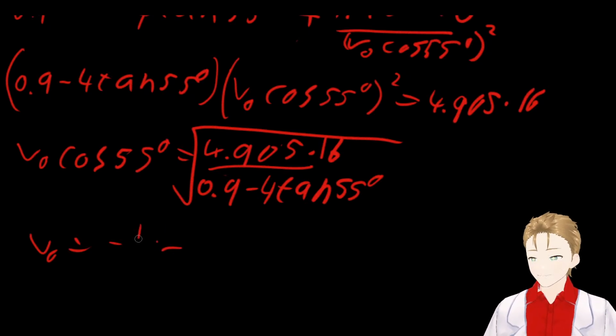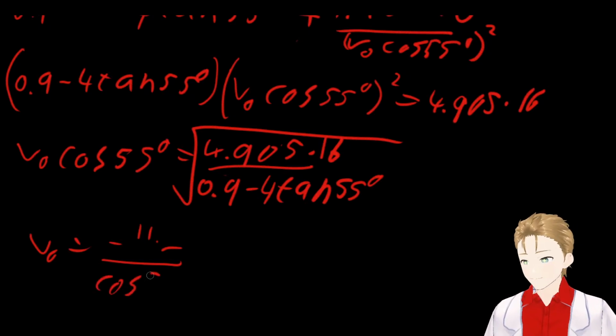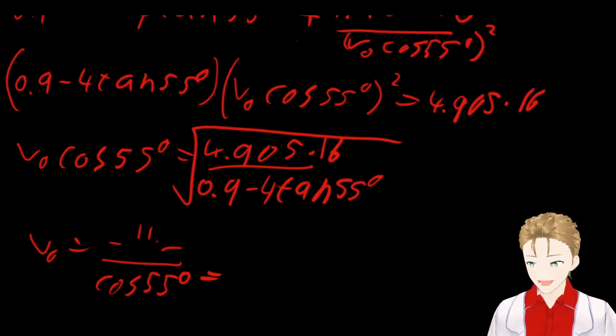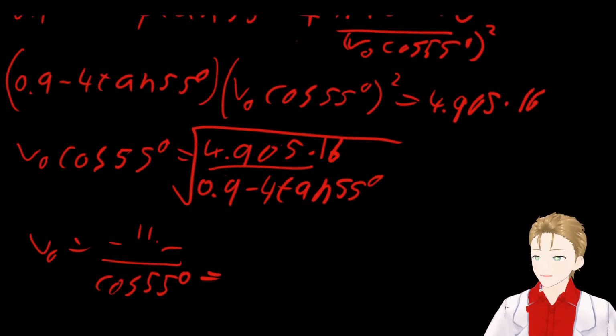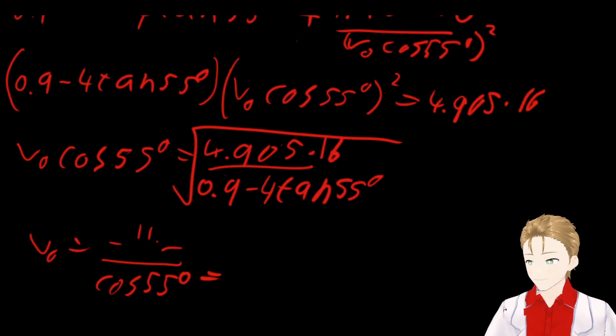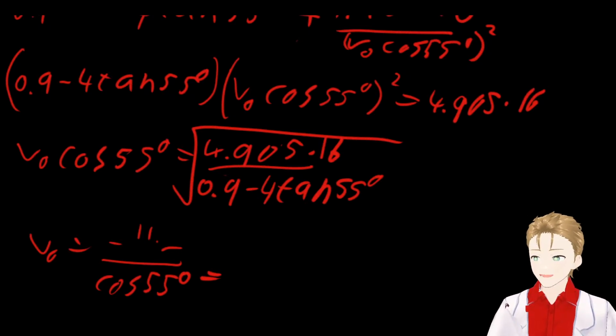I'm supposed to, is it like this? Right. Inverse cosine of 55 degrees, which is finally, hopefully, correct. The square root of 4.905 times 16 divided by 0.9 minus 4 tangent of 55 degrees.